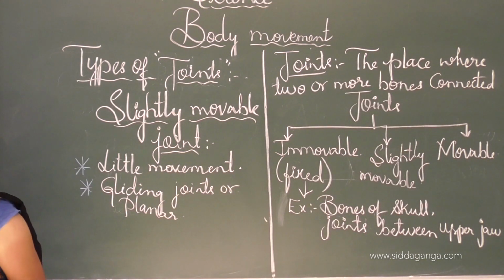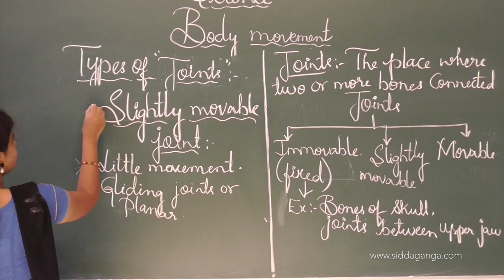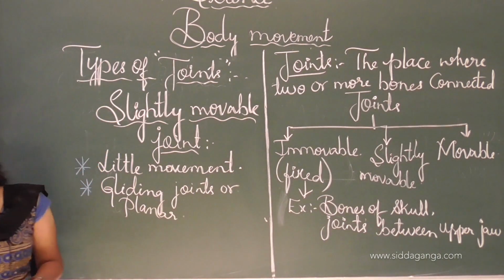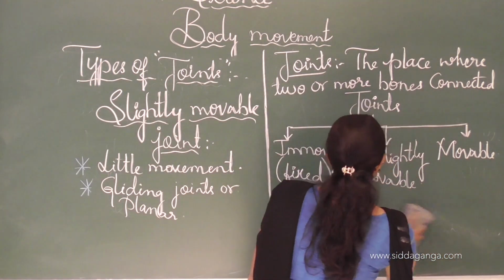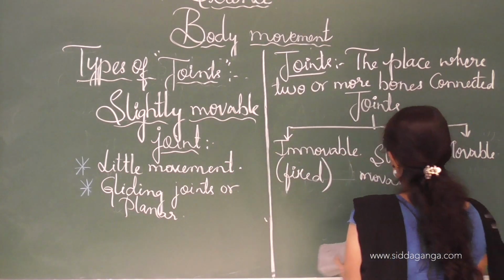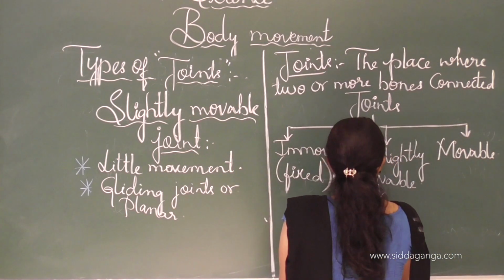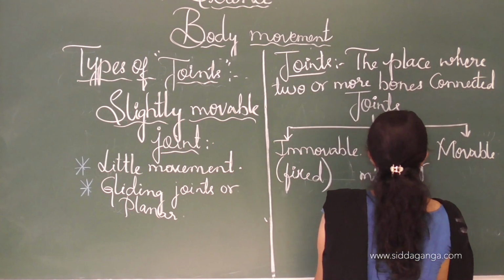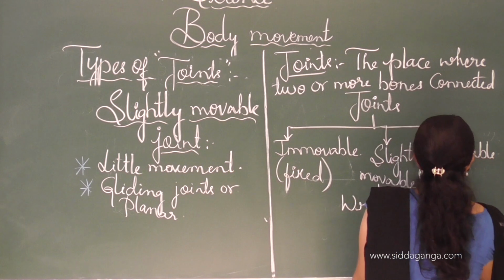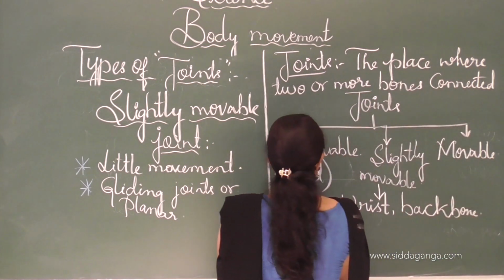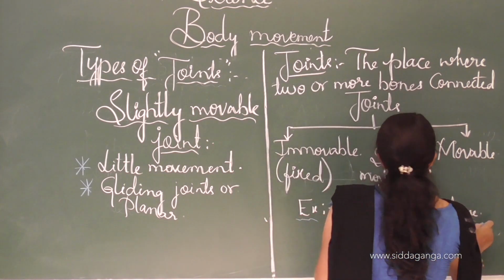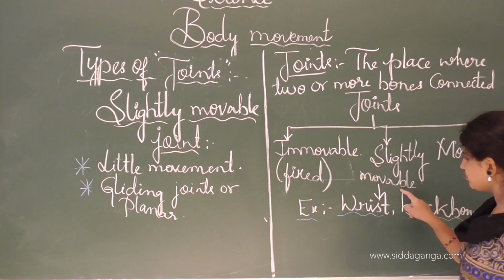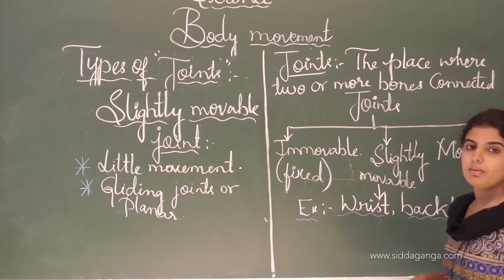Examples for these joints are the wrist joints as well as the backbone joints. So examples for the slightly movable joints are the wrist as well as the backbone joints.